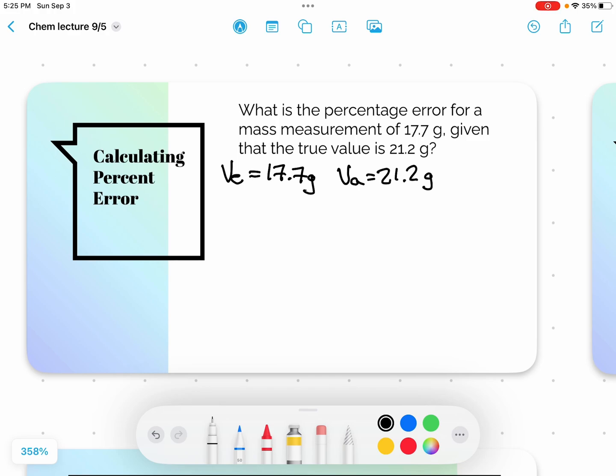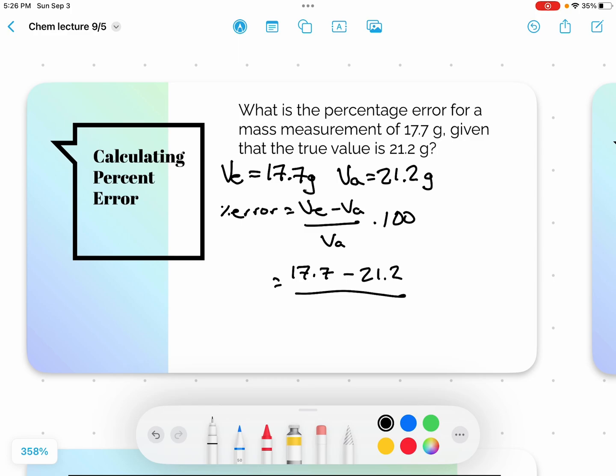So that's what I know. Now I can plug it into my equation, and again, your equation is percent error equals VE minus VA divided by VA times 100. So it would be 17.7 minus 21.2 divided by 21.2 times 100.